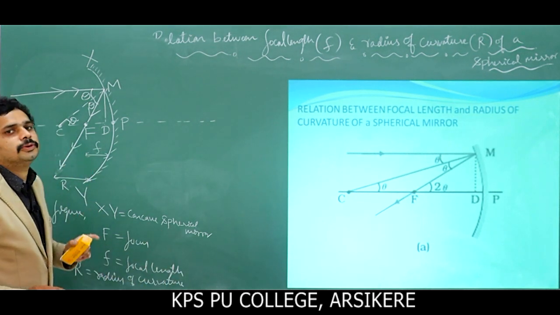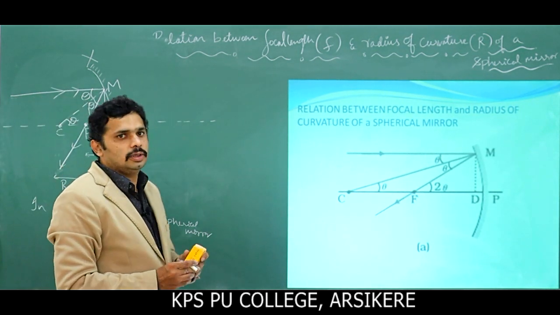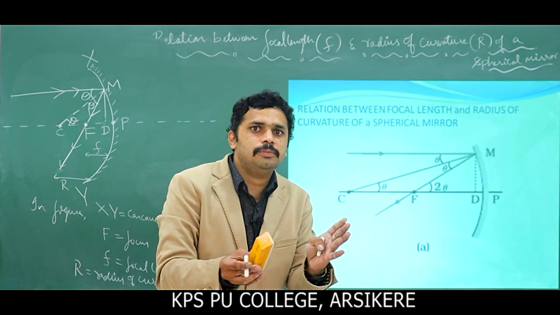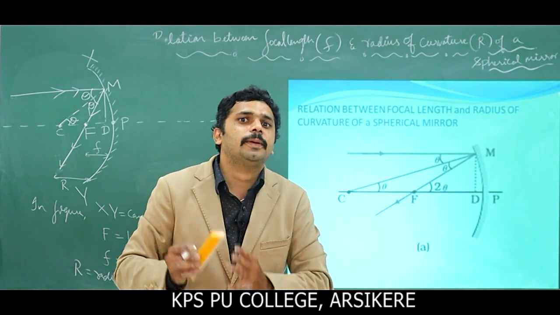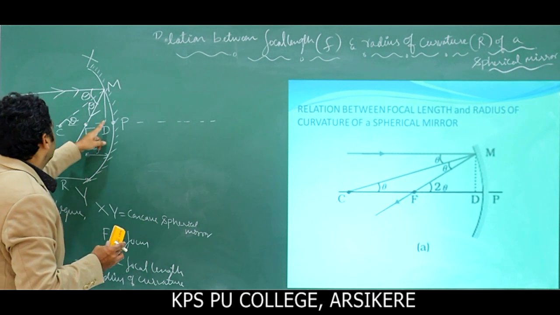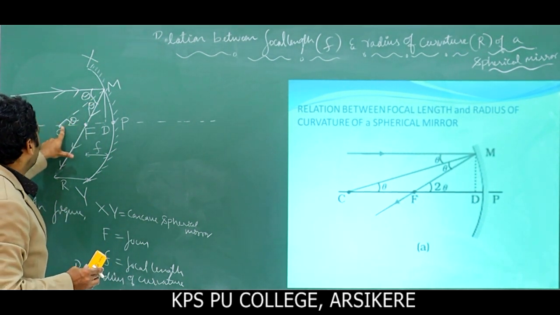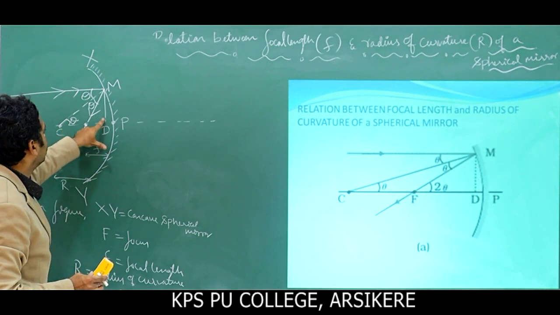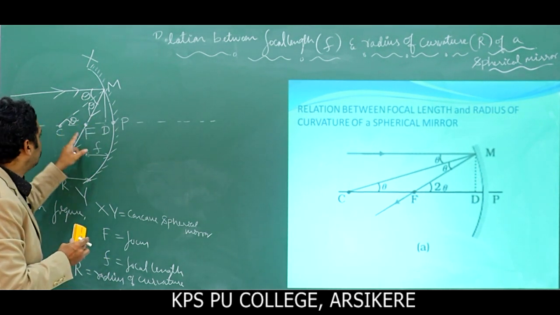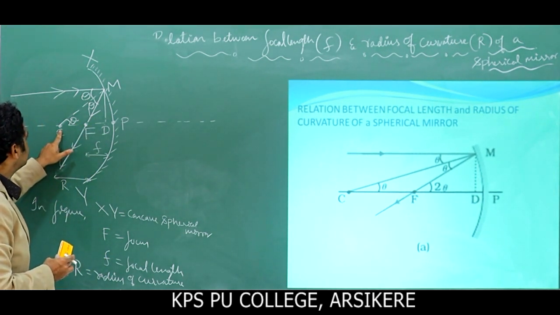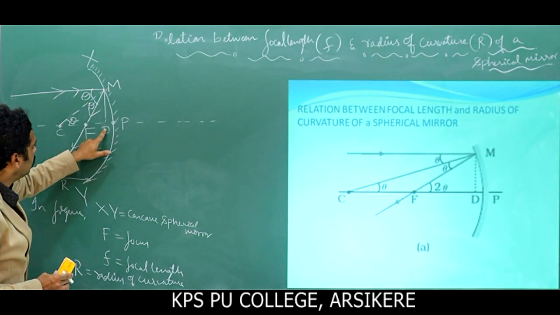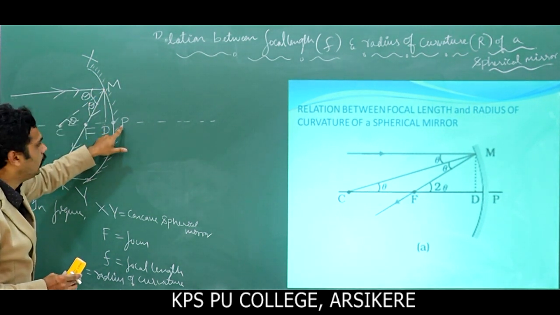You must write everything like this in the exam. Now I am going to give the relation between small f and capital R. In this figure I am considering the right angle triangle. Look here, the triangle CDM.